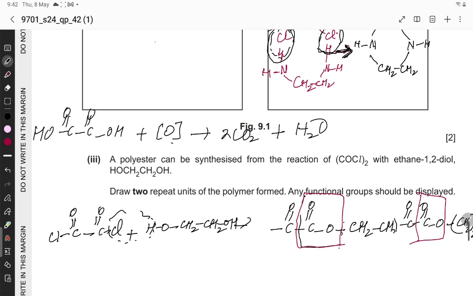A polyester can be synthesized from the reaction of COCl2 with ethane-1,2-diol. Draw two repeat units of the polymer formed. Any functional groups should be displayed. So this is ethane-1,2-diol, and this is COCl2.